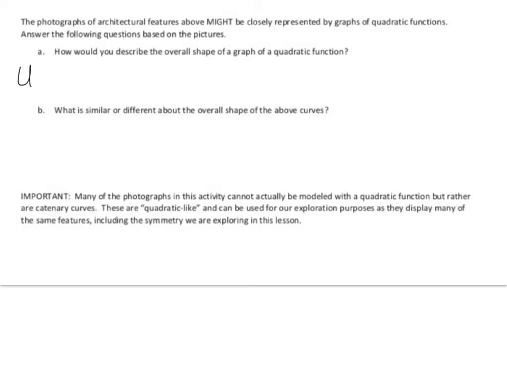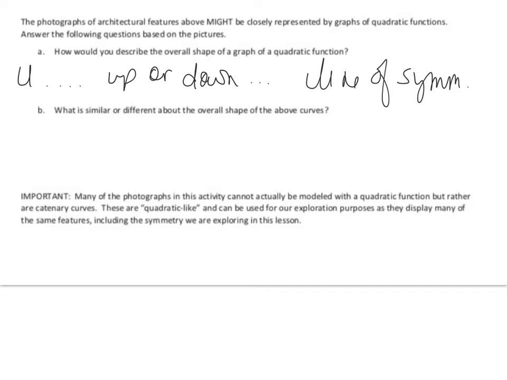It looks like a U, right? It opens up or down. These open down. You can draw a line of symmetry. You can also find the vertex on each one of those.